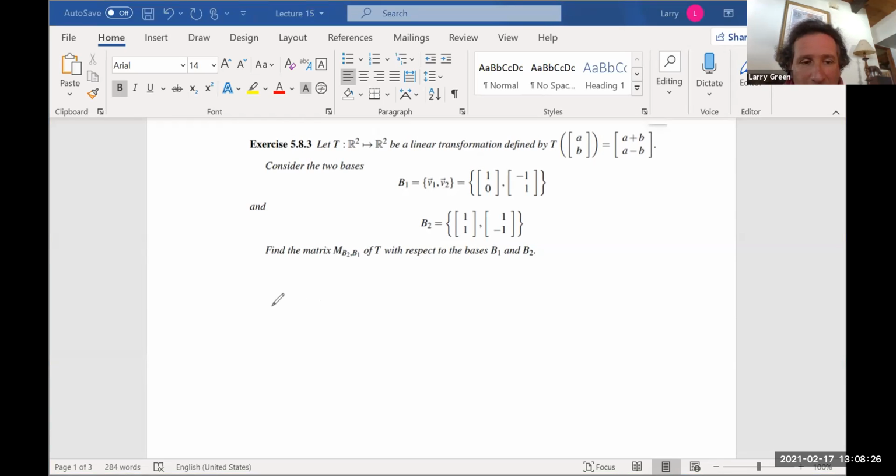So what we have is B1, going to E, going to B2.